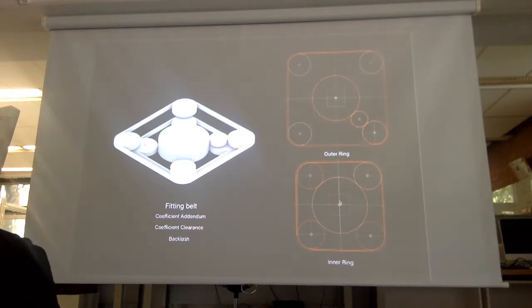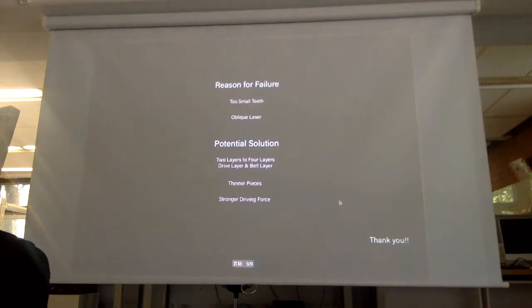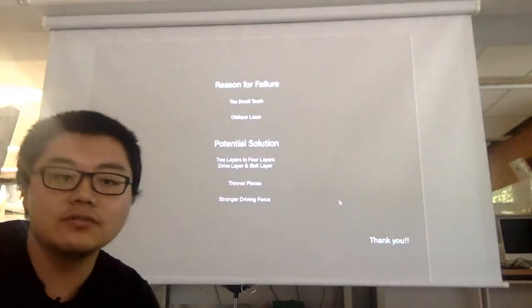It defines the scale of the top and the gap. The final one is backlash. It also defines the distance of the gap between the gears. Change these three statistics and you will fit the belt to the gears. And you can also see it is divided into two levels, one is the outer ring and one is the inner ring. This is my final model.